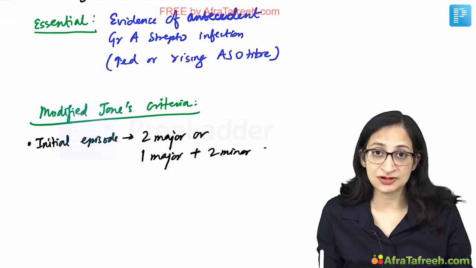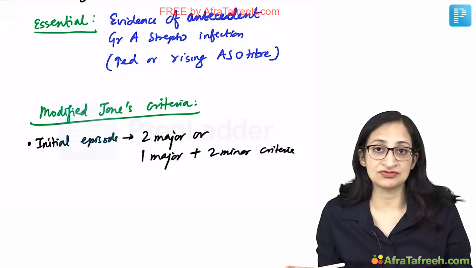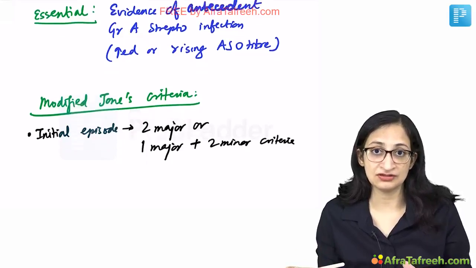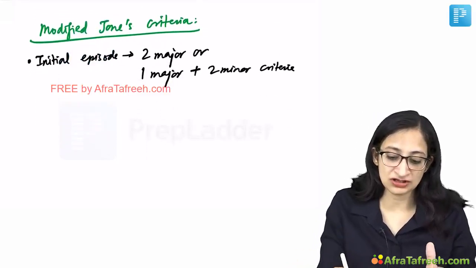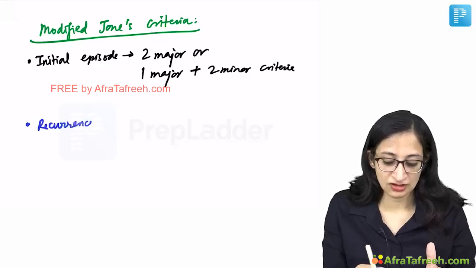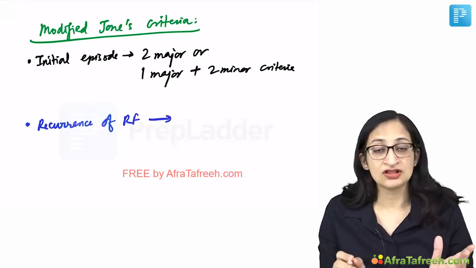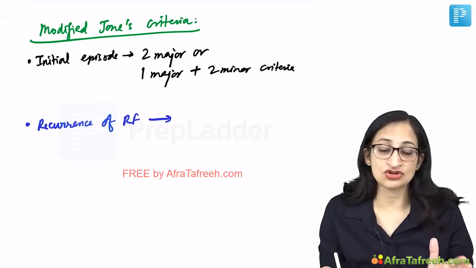If any of these is present, then we say that the child has acute rheumatic fever, okay. And for diagnosing a recurrence of rheumatic fever, the diagnosis is a little more liberal. So, we can demonstrate recurrence of rheumatic fever.